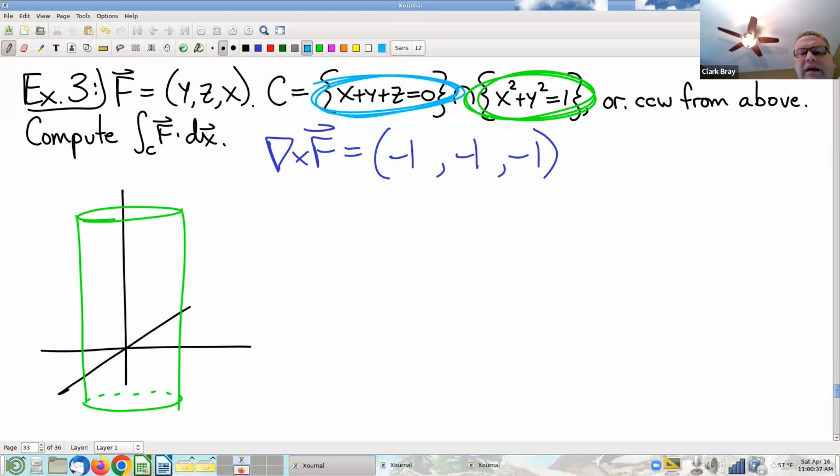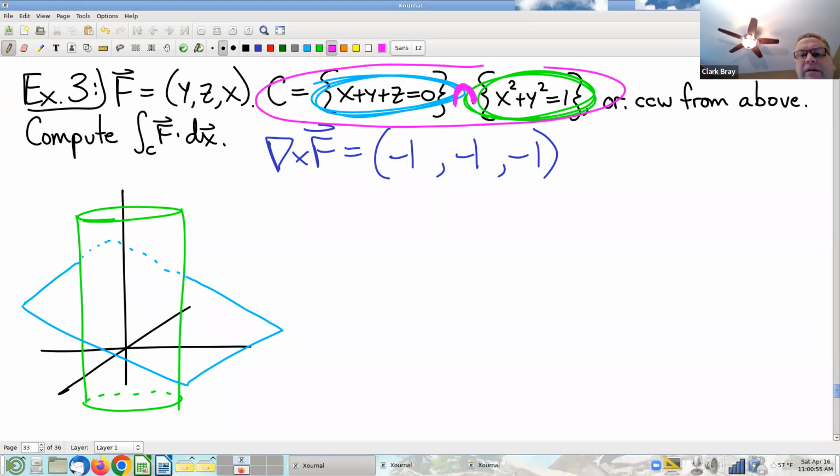This one's just a plane, and the plane cuts through here somehow, something like that. The intersection of these 2 things, my curve being that intersection, is going to be something kind of like that. There we go.